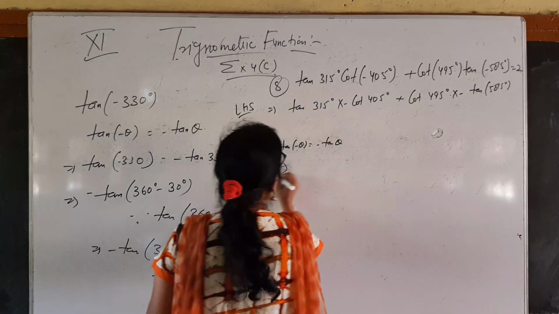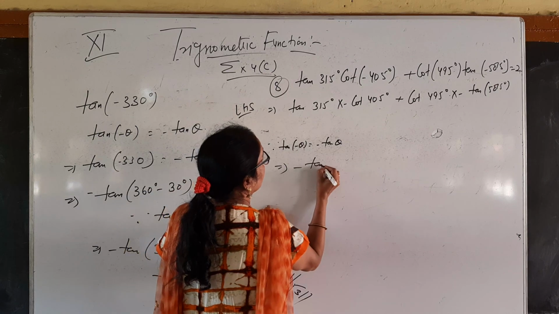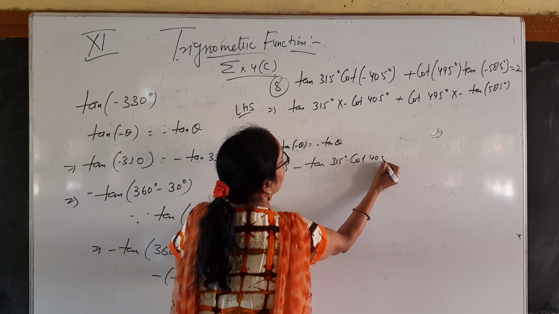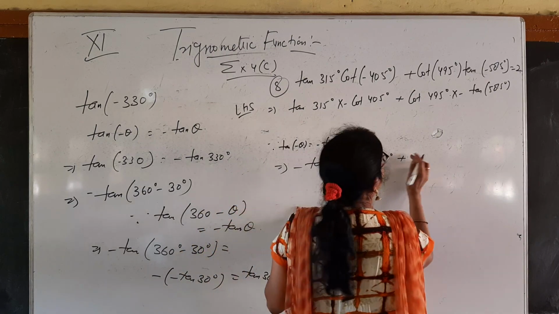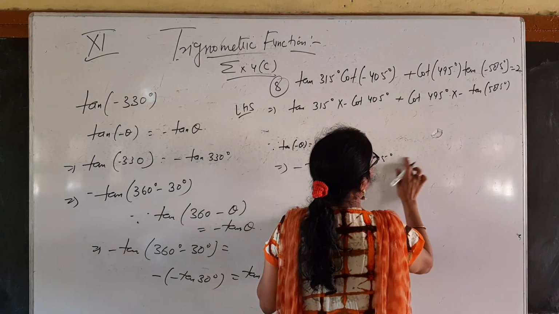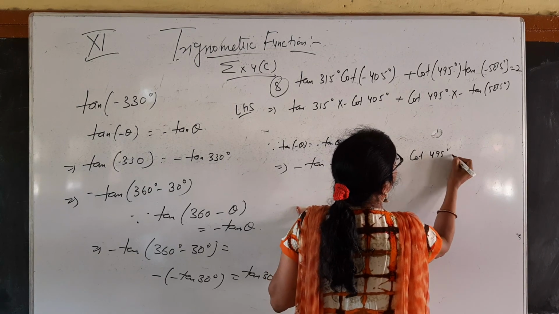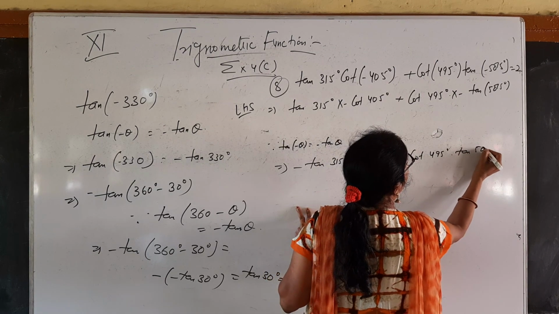Or further what we will get here: minus tan 315 degree into cot 405 degree plus, and here minus is given, so it will be minus cot 495 degree into tan 585 degree.